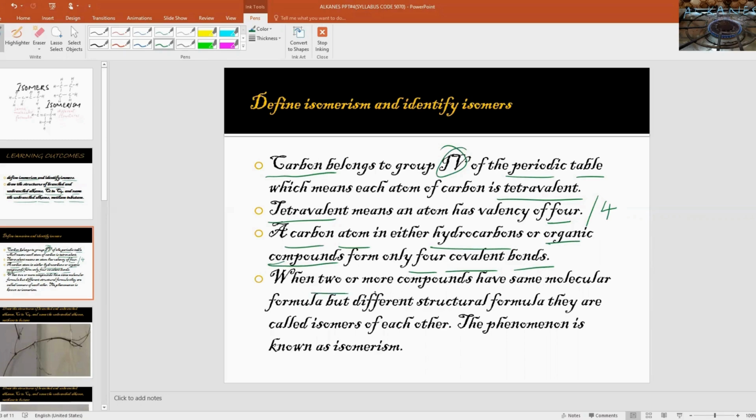When 2 or more compounds have the same molecular formula but different structural formulas, they are called isomers of each other. The phenomenon is known as isomerism. Remember that carbon will form only 4 covalent bonds. It will neither form 3 bonds nor 5 bonds.